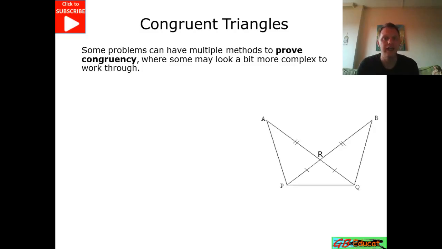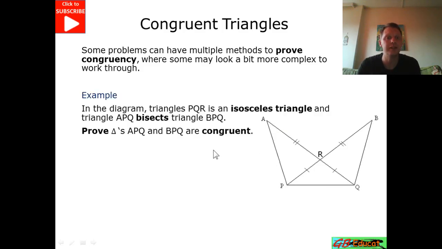A bit more of a harder problem to take a little look at, where we've got this peculiar shape here, and we are going to be proving that triangle APQ is congruent to BPQ. And we can prove this in much the same way as what we did previously.